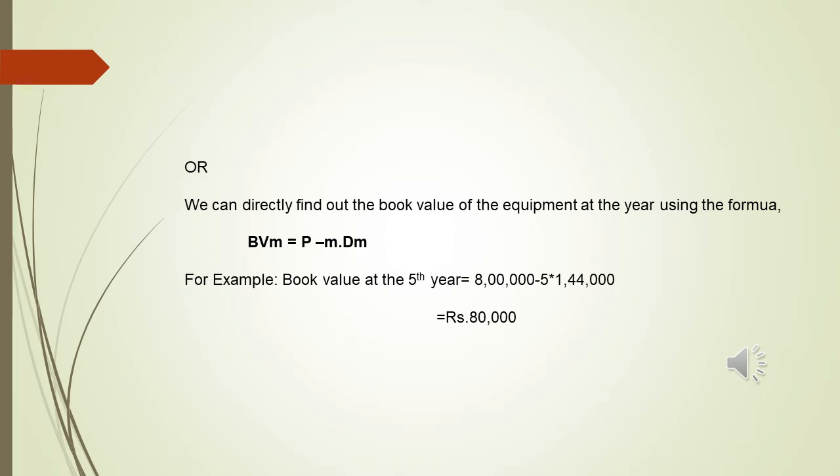So if we substitute 8 lakh minus 5 into 1,44,000, that is P minus M into DM, you will get the value, and that will be equal to what we have calculated.